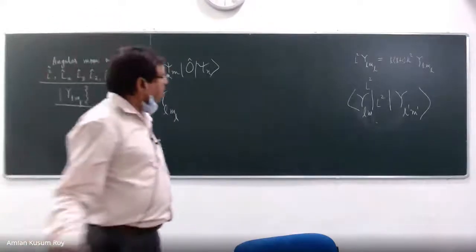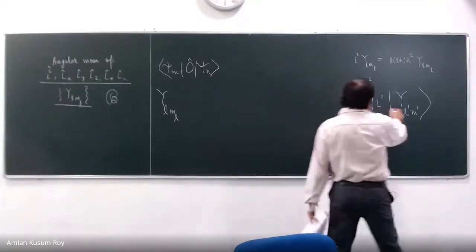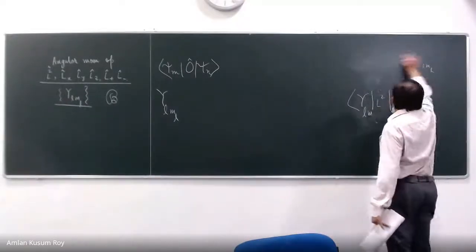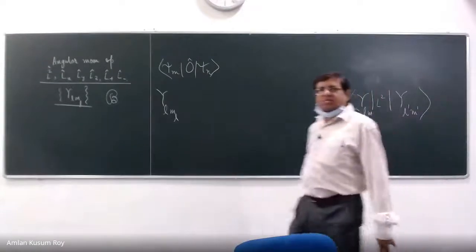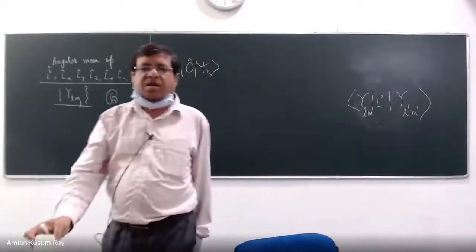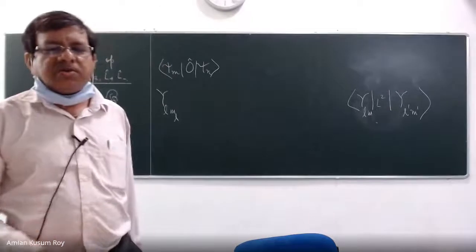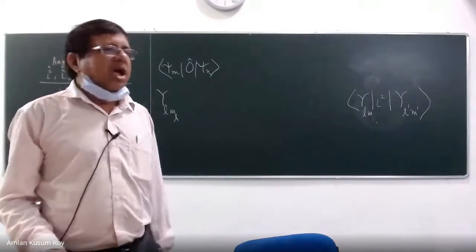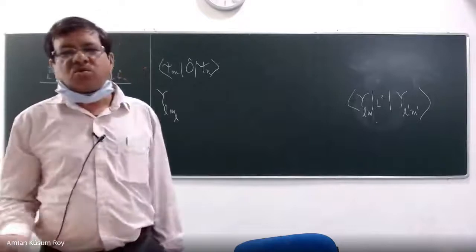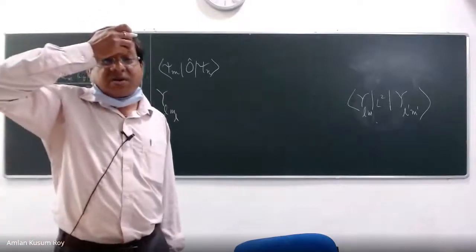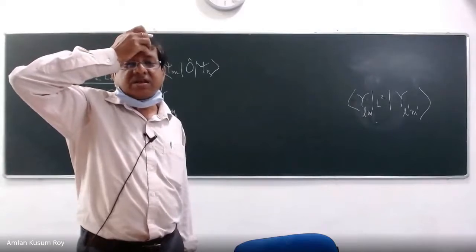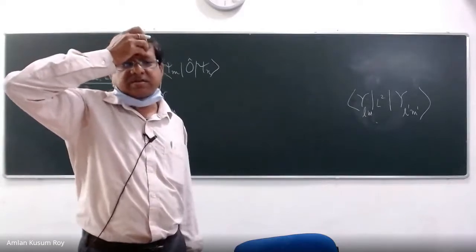So it should be L M. Now if this is the definition, can you tell me what is going to happen to this expression? Because before you write a matrix, you need to know the matrix elements. If you do not know that, then just diagonal, non-diagonal, 0, 2, these things are not very important in life, you know. The final answer is not always everything. You want to know how it is happening.